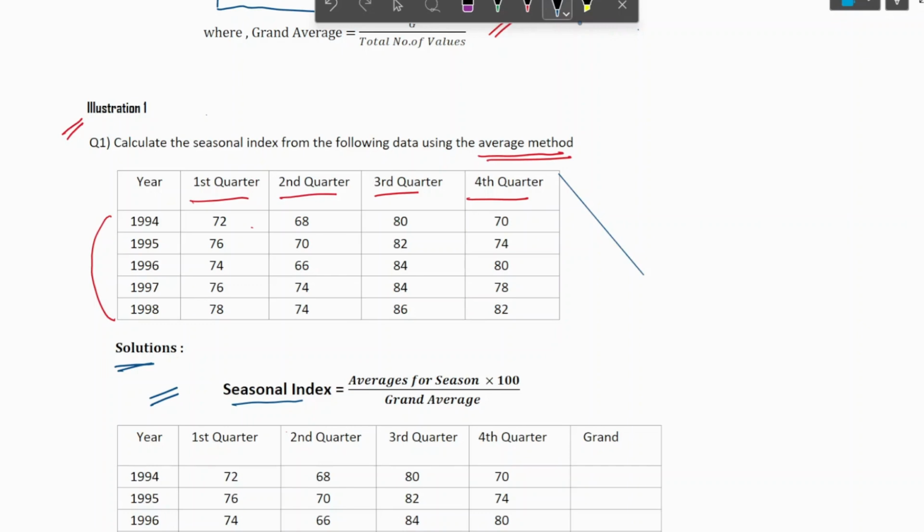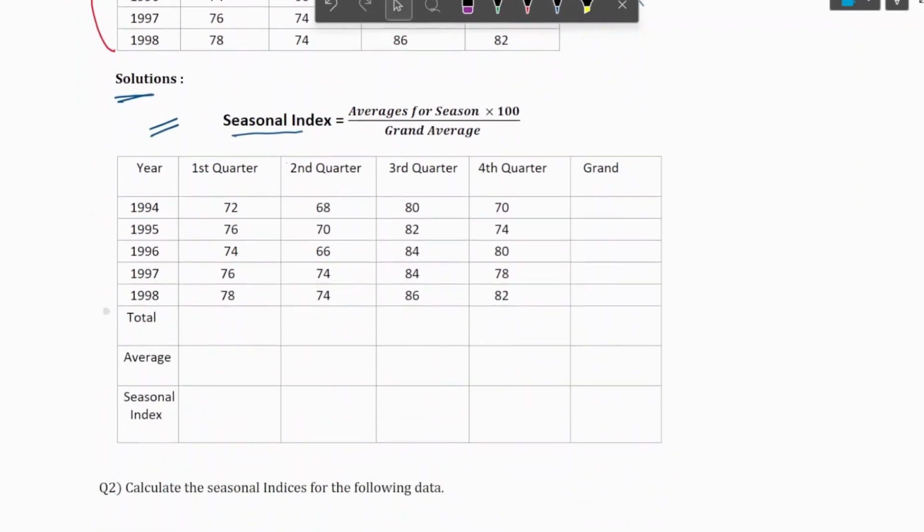Therefore, I have already constructed that table. Just see how it is. First I have written the year, the first quarter values I have already completed, the second quarter I have copied here, third quarter and fourth quarter. Now see here, it's the grand total. Then below after 1998, create one row that is total, the next row that is average, and below that the seasonal index.